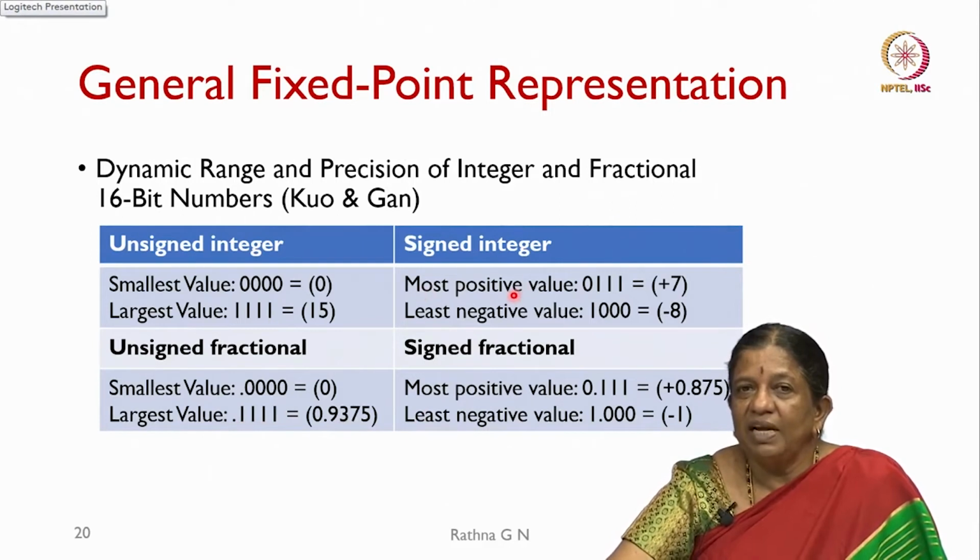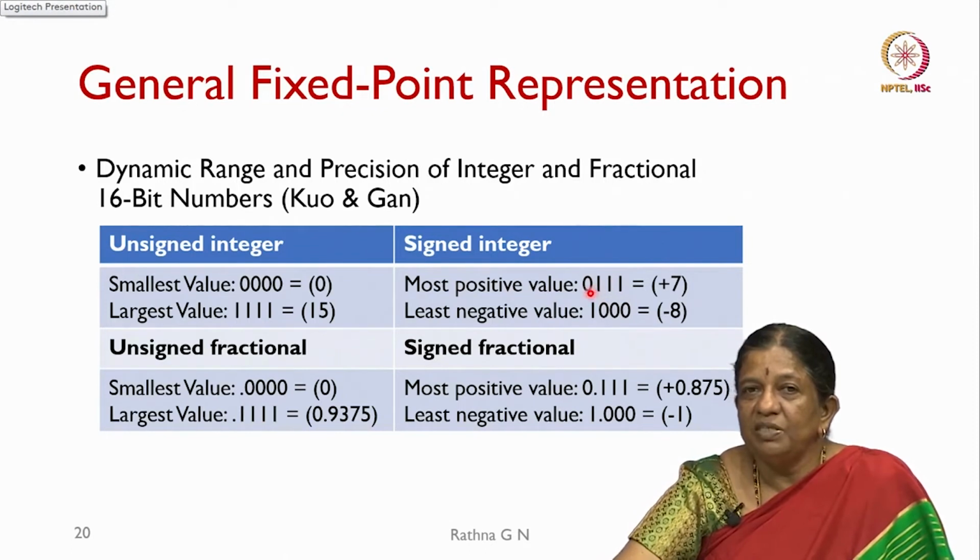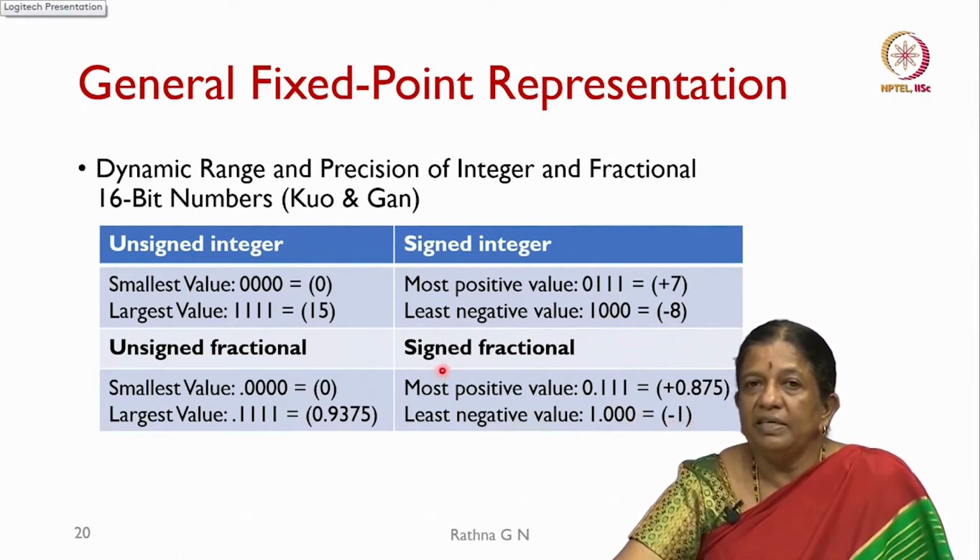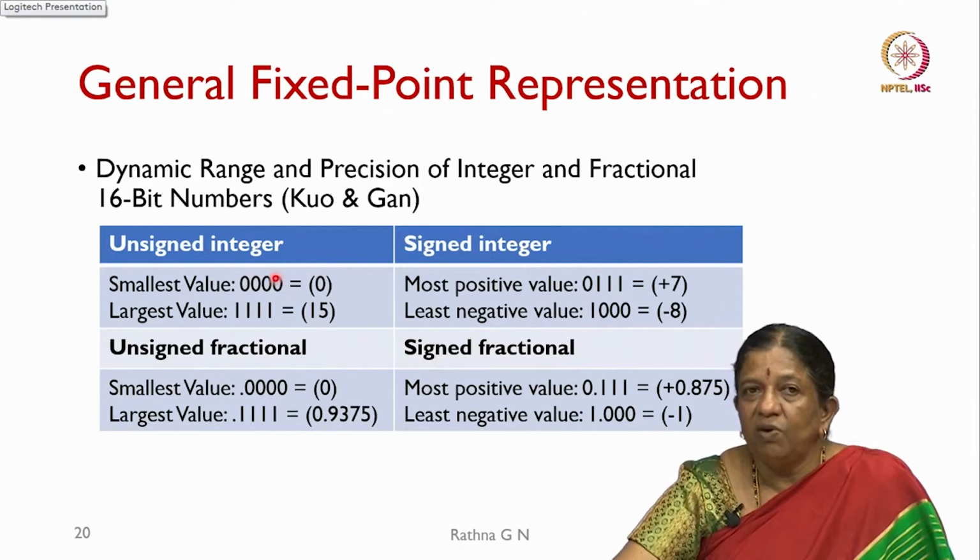When I come to the signed representation, the first bit is 0, and all the 3 others are 1, so this is plus 7, and the least negative value is 100, which is minus 8. And in the signed fractional number representation, we know that 0.1111, which is nothing but plus 0.875, will be the maximum value, and the least negative value is 1.00, which is minus 1. In this case we have taken the number of bits equal to 4.